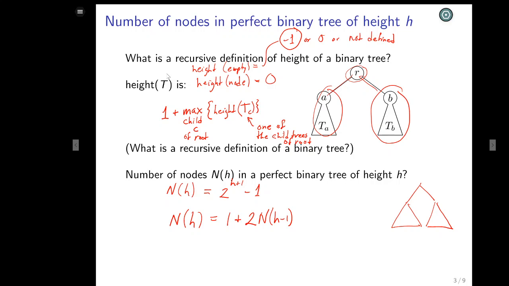I've got 1 for the root, and then I've got to count all of the nodes that are in here, and all of the nodes that are in here, and that's the number of nodes in a perfect tree of height h minus 1. What's the base case?